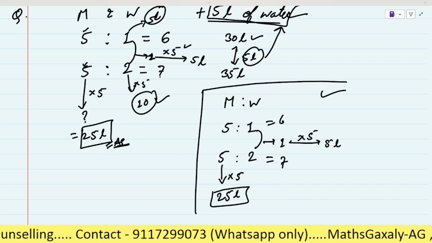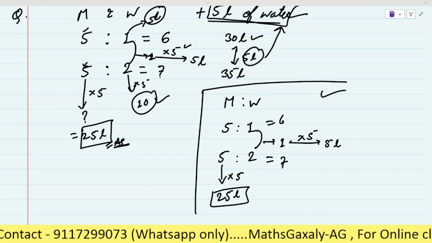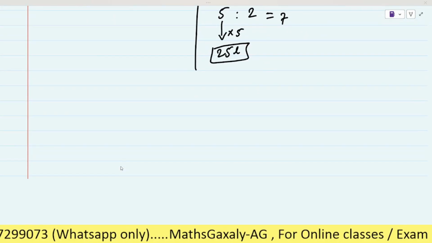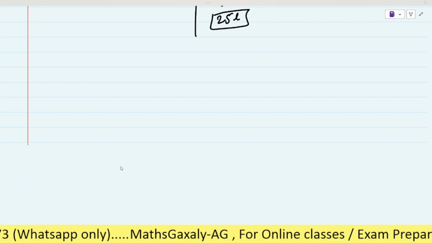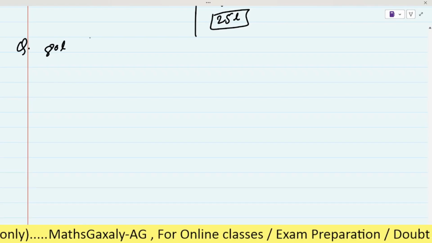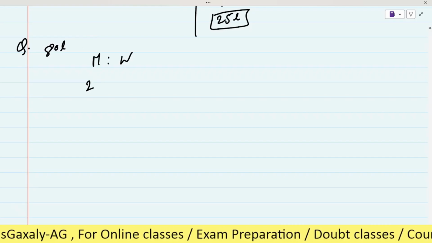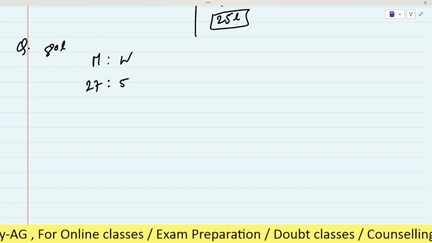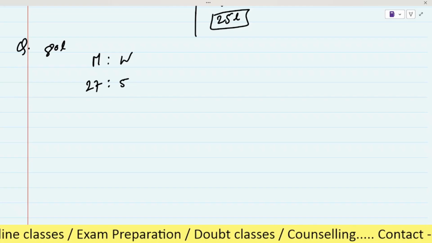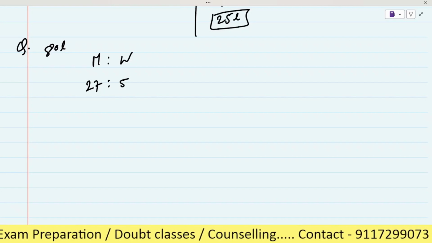80 liter of a mixture contains milk and water in the ratio 27 is to 5.